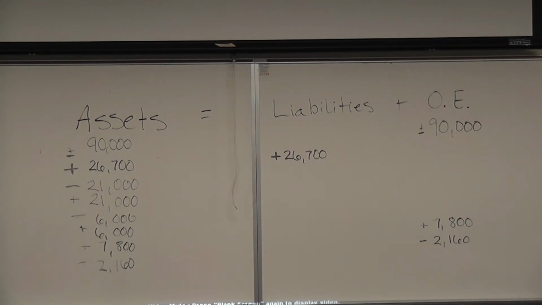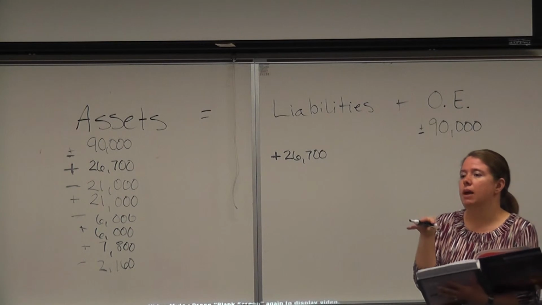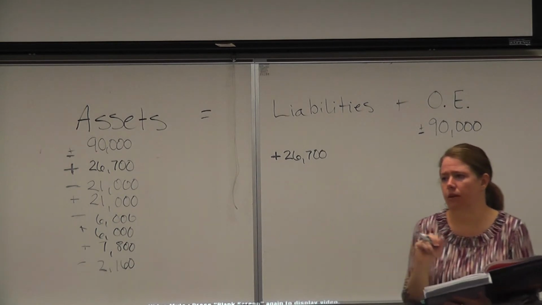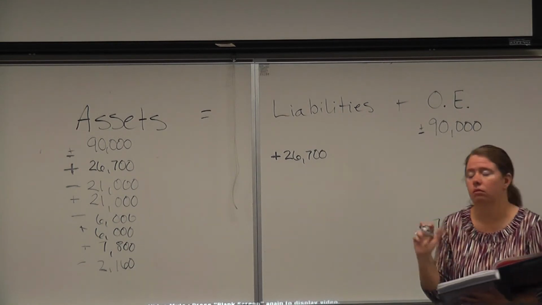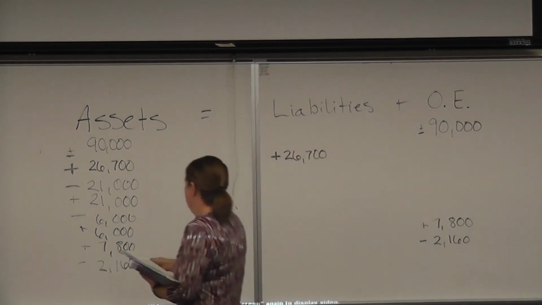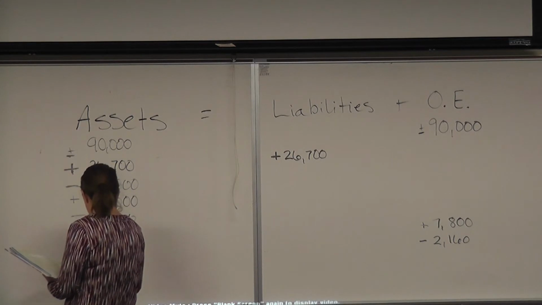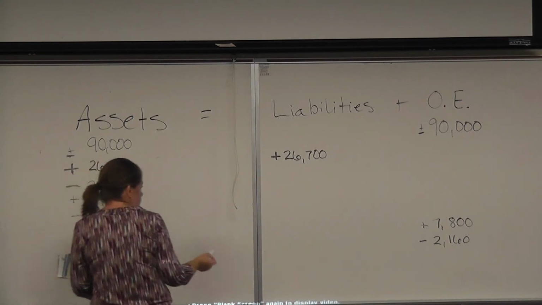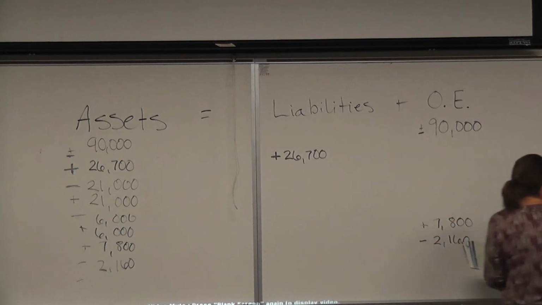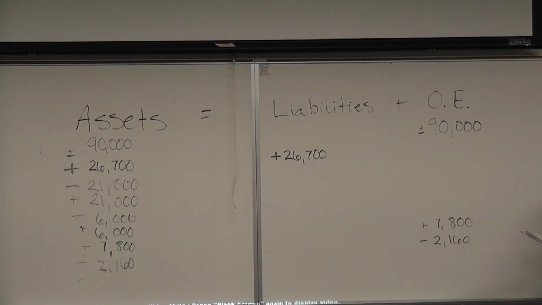Perform services for $10,500 on account. That means you perform the services, the customer didn't pay you right away. They want to pay you a little bit later. Increase. Sorry, I didn't get to write it yet.